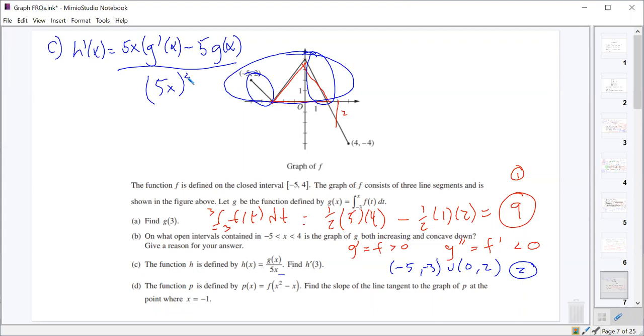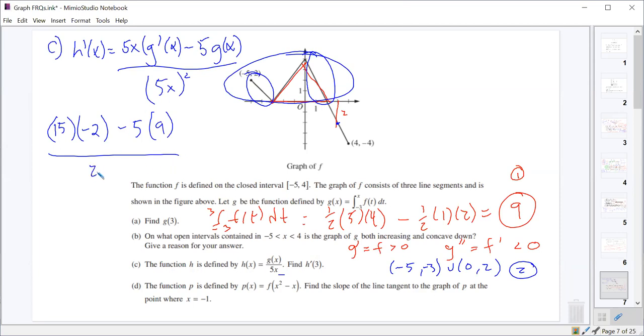And if we're looking to evaluate that at 3, 15 times g prime of 3. Now g prime of 3 is f of 3, and f of 3 is -2. And then minus 5 times g of 3, which is 9.